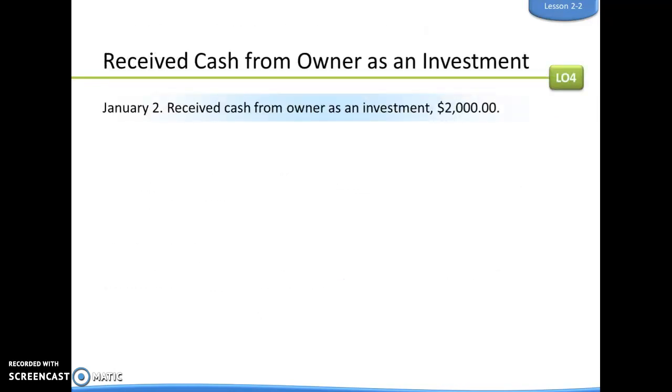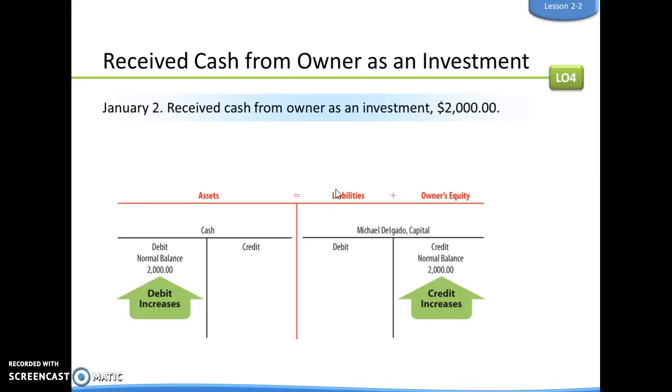Okay, so let's start looking at some transactions here. First one, receive cash from owner as an investment. So the transaction is January 2nd, receive cash from owner as an investment for $2,000. If we break that down into the accounting equation and the 2 accounts that are affected here, we have cash and Michael Delgado Capital.